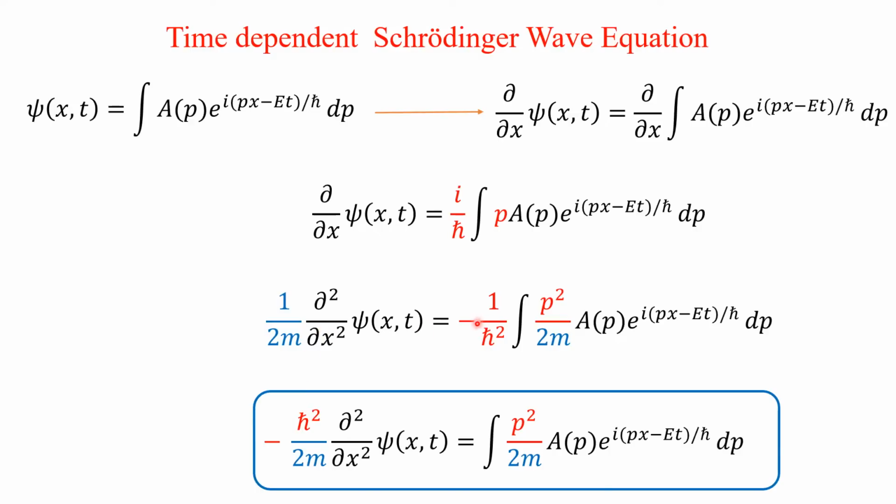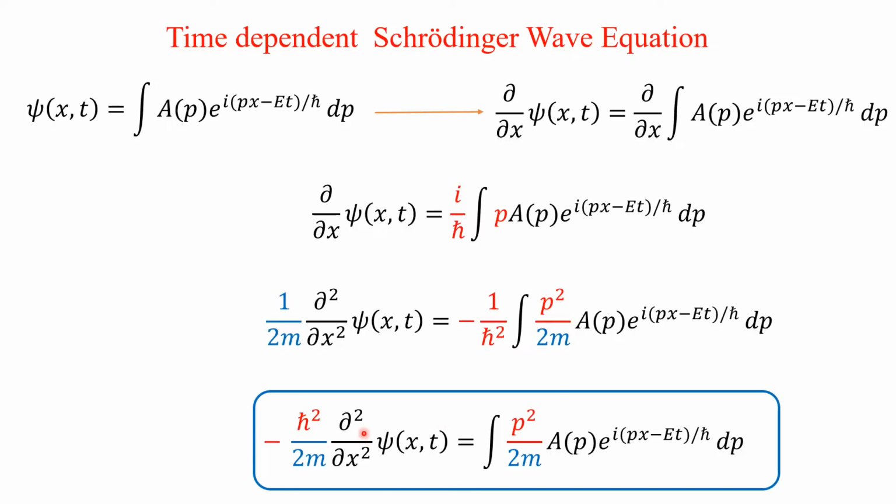Now you bring this minus 1 over h cross squared to the left hand side, and you will get minus h cross squared over 2m, d2 over dx2 psi of x and t, which is equal to the integral of p squared over 2m, and this integrand part will come. So this also I am going to take now in order to solve the problem.